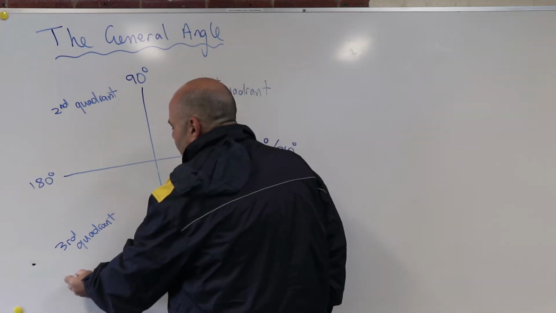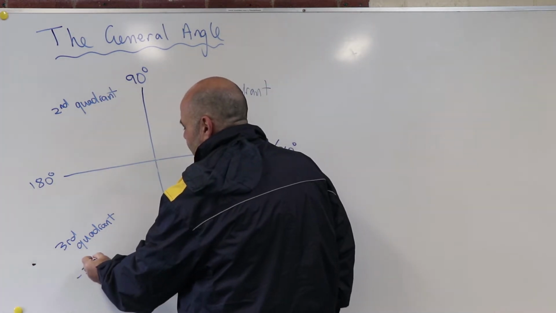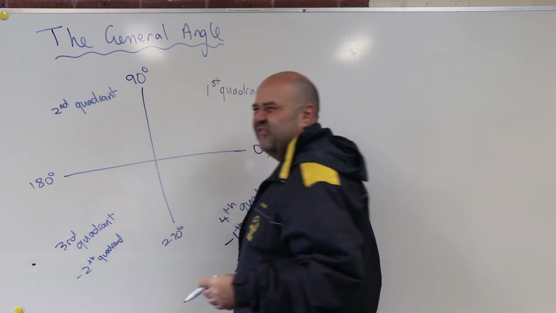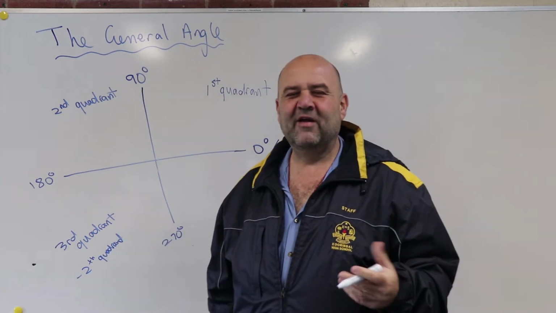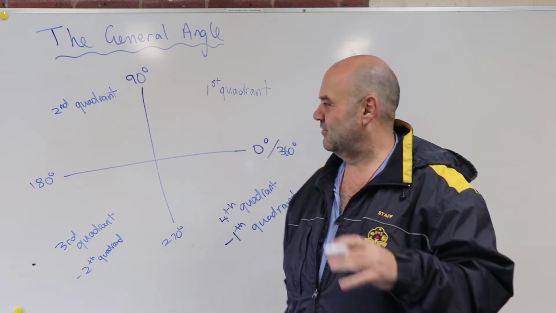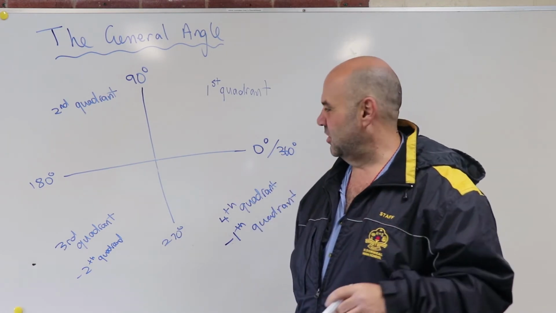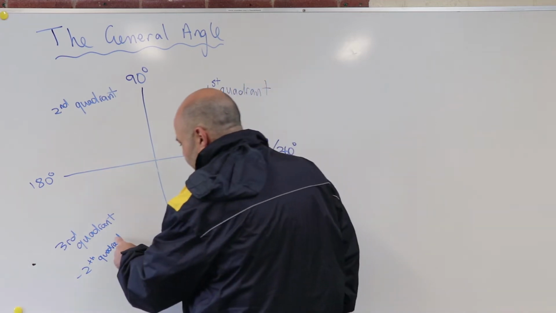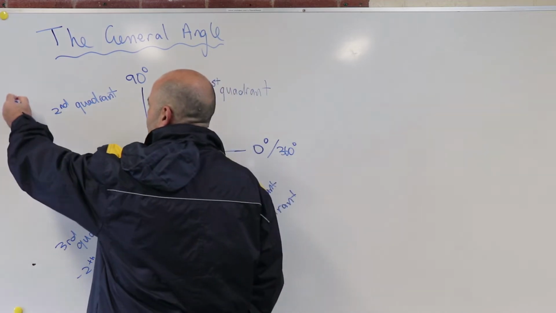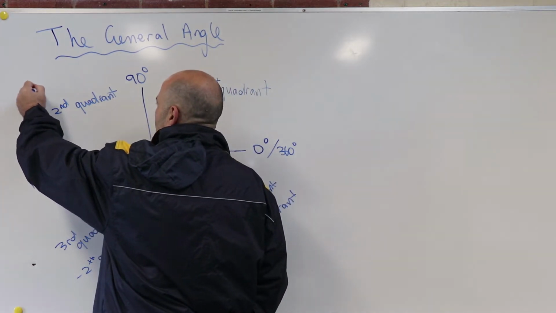And this the -2th quadrant. Minus first and minus second sounds dumb. I know -1th sounds dumb and -2th sounds dumb, but it sounds a lot more sensible to me. Quadrant, sorry. This would be the -3rd quadrant.